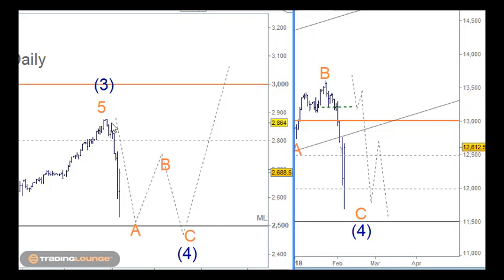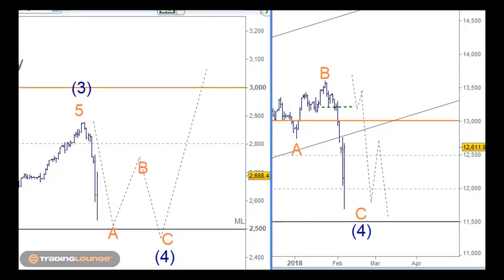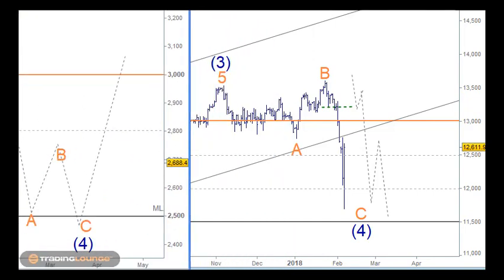So we're thinking that if the S&P 500 has to play out in terms of an A and a B and a C here for wave 4, then where would it leave this market here? Because wave 4s are normally quite complicated. They could be simple, but in most cases they're complex, especially if wave 2 of the same degree is simple, then wave 4 will be complex.